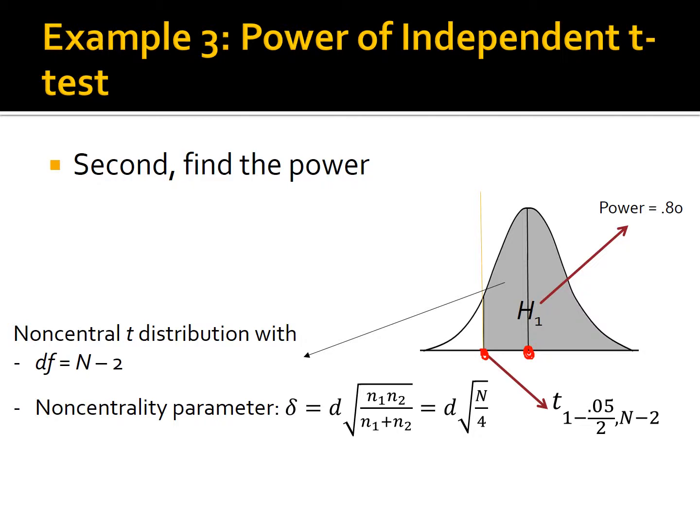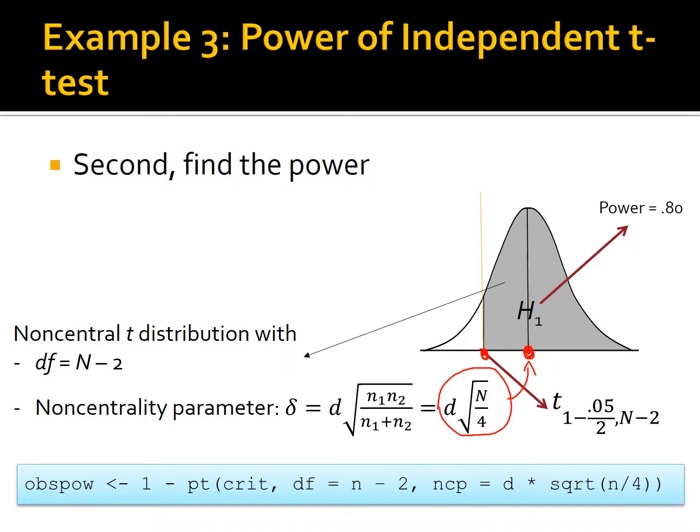But we know that we had equal sample size, so n1 and n2 are equal. So I can solve that and find that the non-centrality parameter is d times the square root of the overall sample size over 4, which is here.